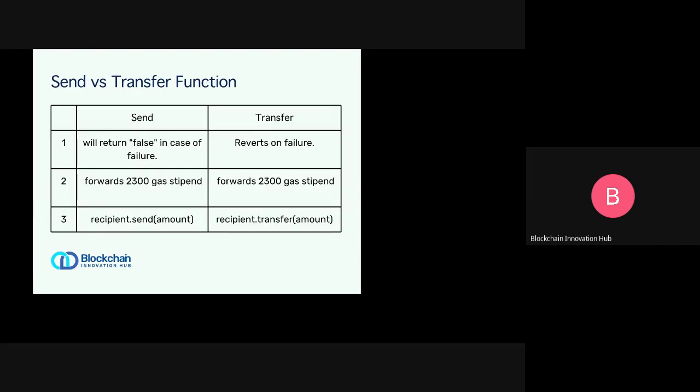And now, what's the difference between send and transfer? When you transfer in your smart contract, it will revert on failure. What that means is that when you transfer and it does not go through, maybe you have insufficient balance or there's an error, the smart contract will stop executing.